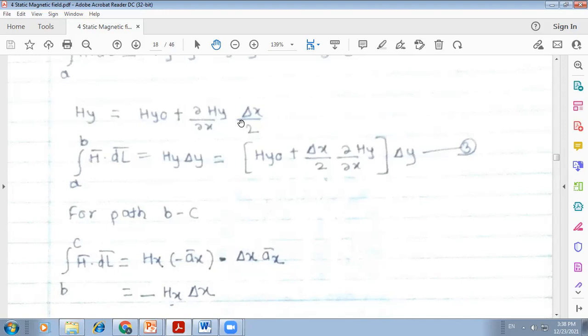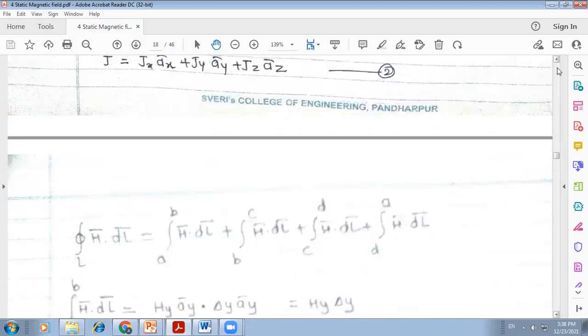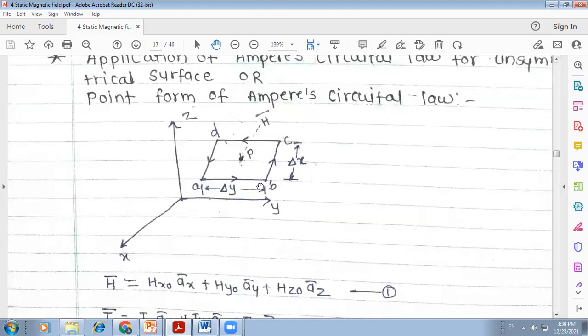Yes. Okay. Similarly, you have to consider path B to C. So when you consider path B to C, just tell me what will be the H bar dot dl bar. What is H bar? You are going in which direction?